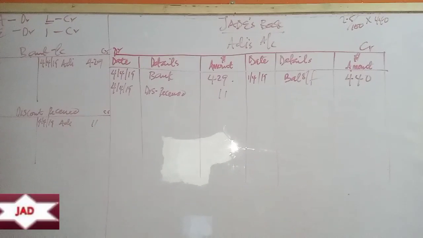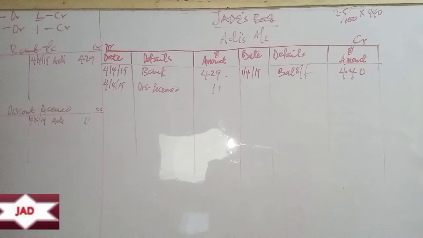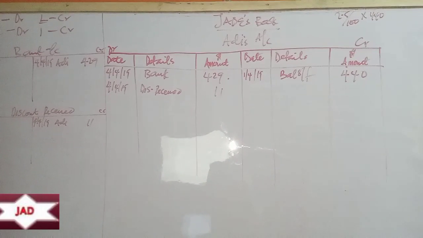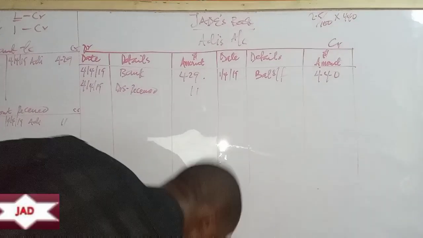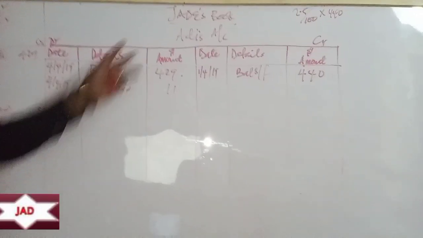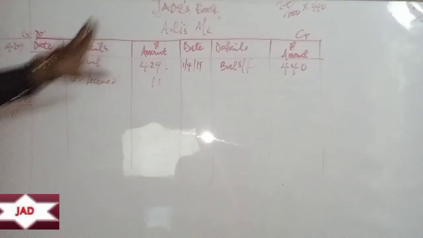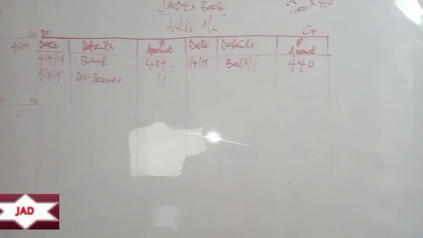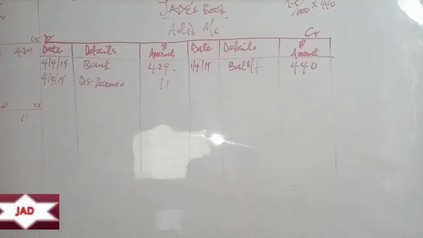When you make purchases, from Jade's perspective it's purchases, from Adi's perspective it is sales. So now Jade is buying from Adi, so Adi is the supplier, vendor or creditor here.